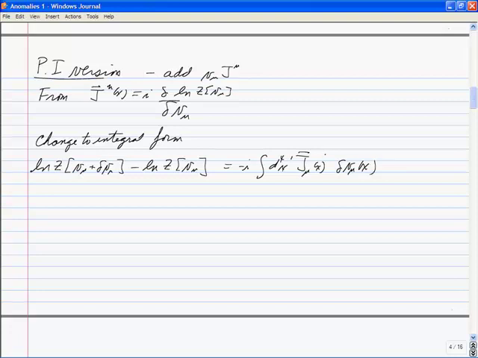Okay, and let me just put primes on it. Clearly it's an integration variable, it doesn't matter, but for my next line it looks better that way.